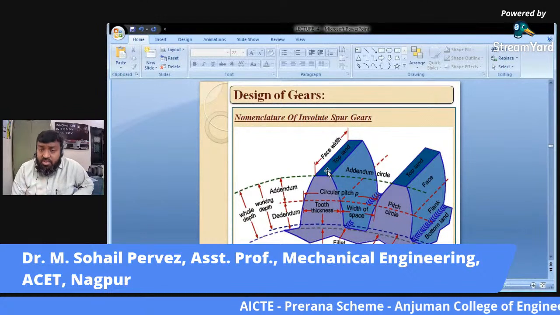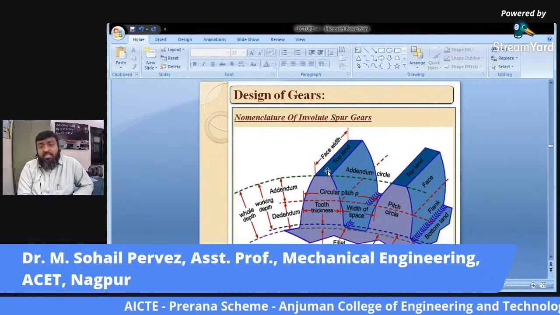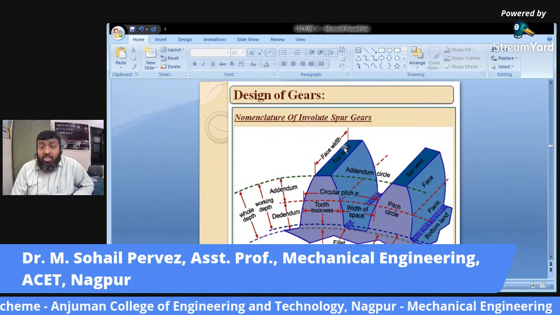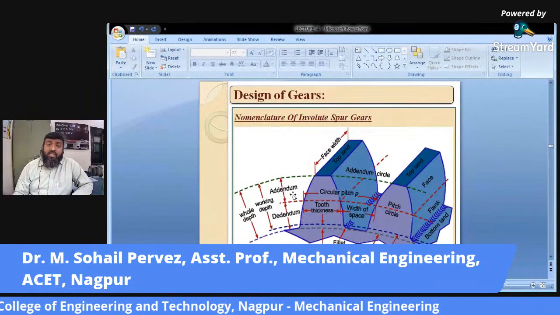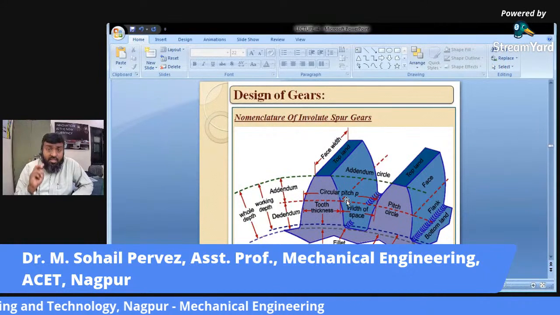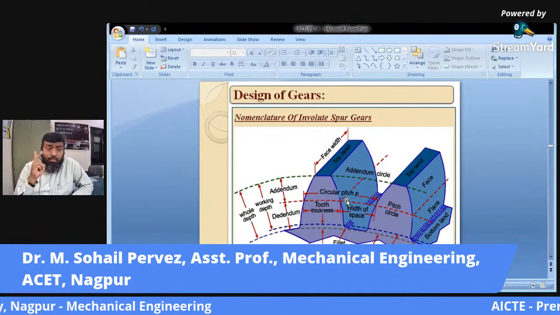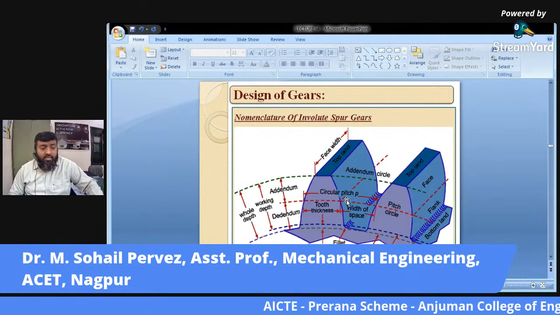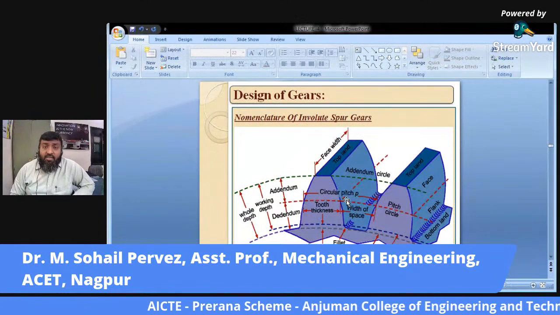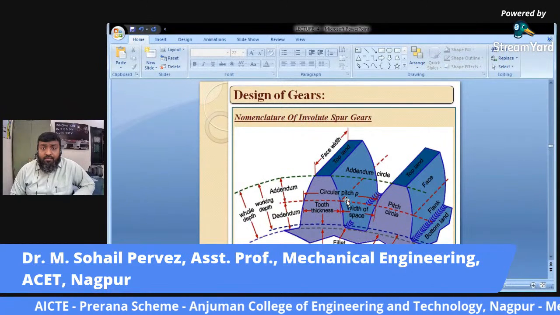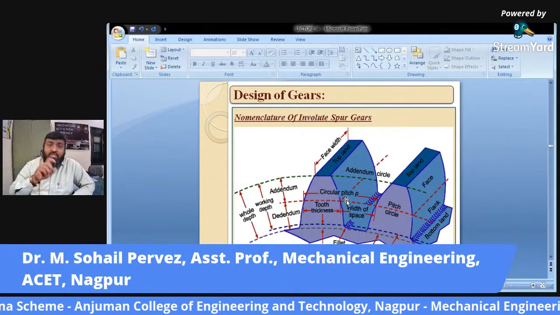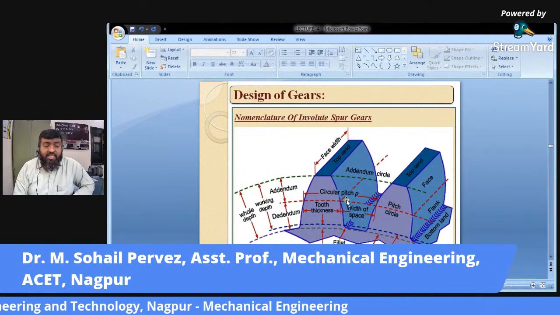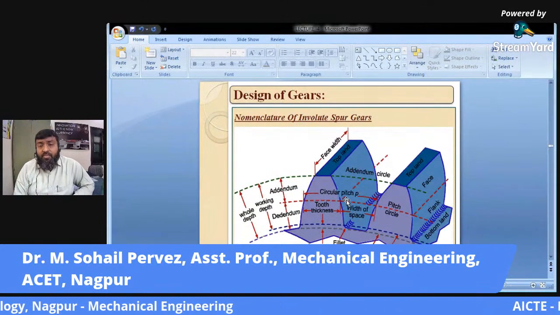When I say strength of the gear tooth, it means the gear tooth should withstand, please listen carefully, two basic types of loading. Both static as well as fatigue loading will be there.